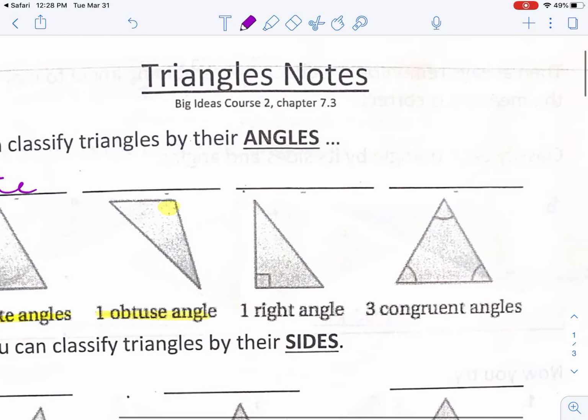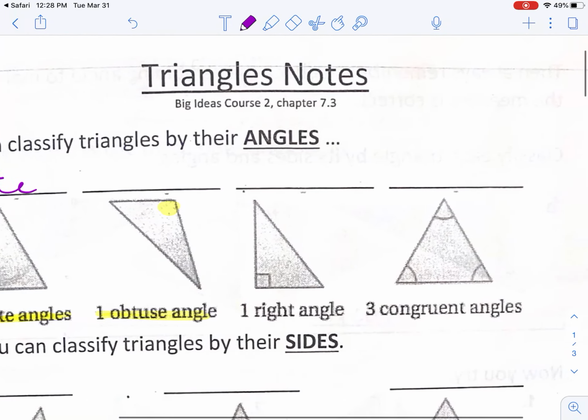They're all equal. We call this an equiangular triangle. Equiangular. All three angles are the same measure.